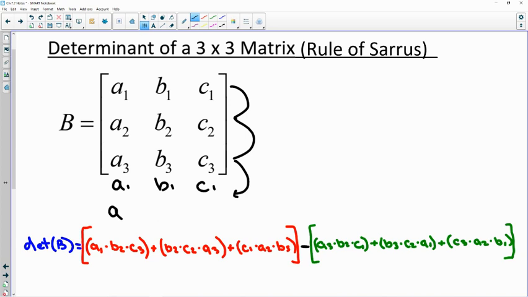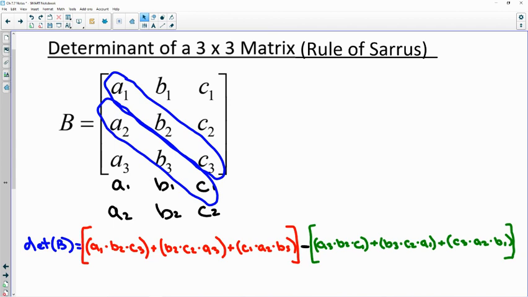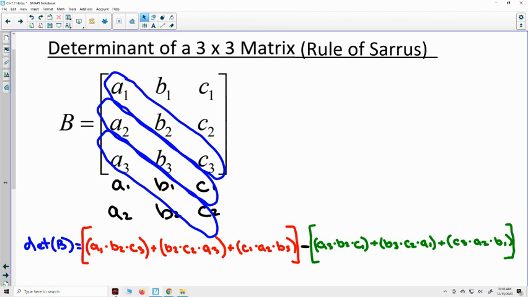Then the next row, A2, B2, C2. Okay? And again, I'm only doing 2 by 1 because what I need is the down diagonals. So that one makes a down diagonal. Then by doing that, I get one more down diagonal, and then by doing that, I get one more down diagonal.